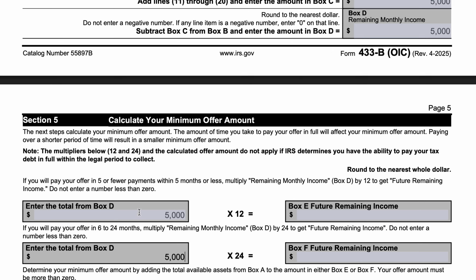So you take your discretionary income, $10,000 minus $5,000, which equals $5,000. We take this, multiply it by 12, we get $60,000. We do this here, and we get $120,000.